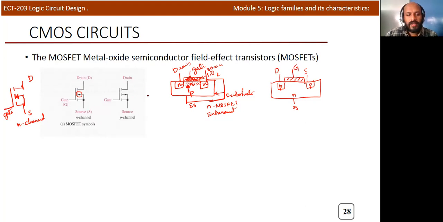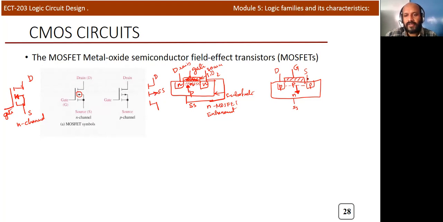When you draw the symbol of the P-channel MOSFET, again there are three regions which indicate drain, substrate, and source. This is the substrate region, and when there is a channel, that region becomes P. So here you can see the P to N direction will be like this, from channel to substrate, so the arrow mark will be like this.